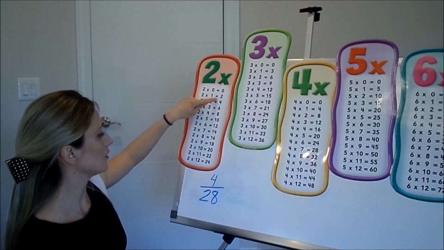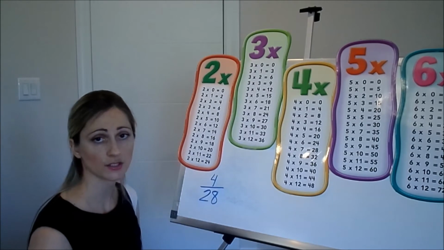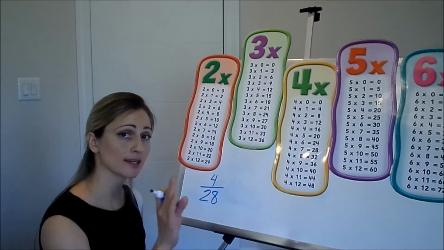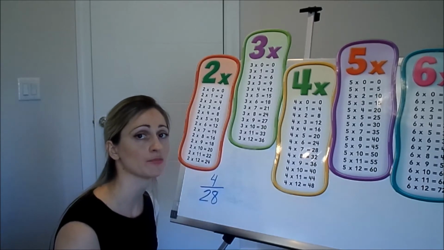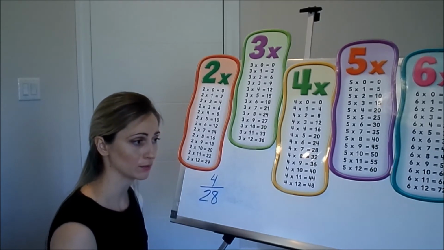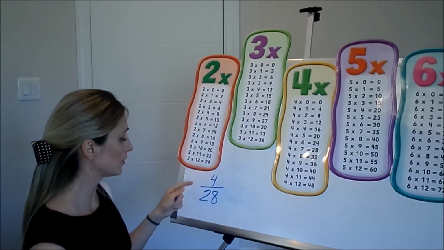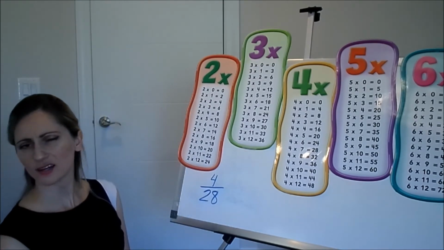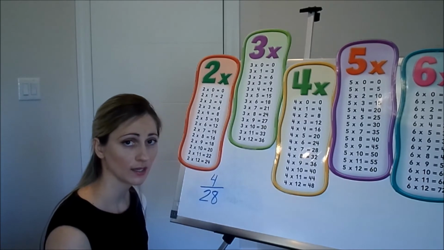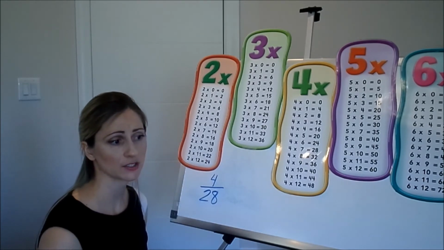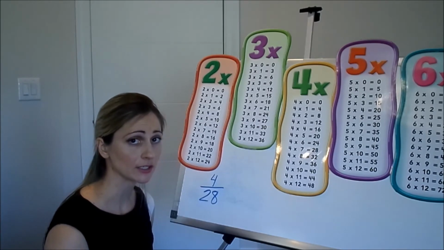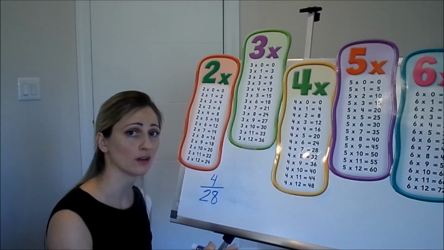Will you see a 4 and 28 on a 2 multiplication train? You might, but the next question I taught you to ask is if there's a bigger number. Some of you divided 4 and 28 by 2 and got 2/14. Well, is there a multiplication train that both 2 and 14 will also be found on? Yes, there is.